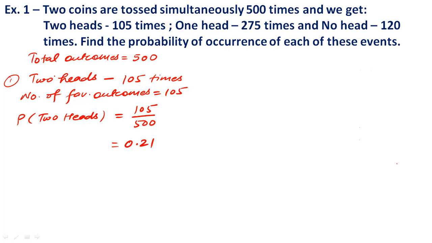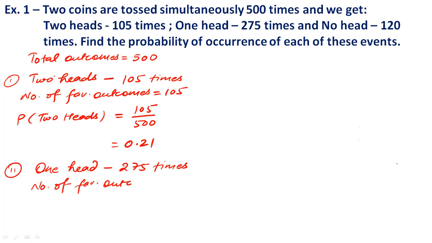Okay, and the second part is one head, so that is 275 times we get one head. So what is the number of favorable outcomes here? The number of favorable outcomes is equal to 275.